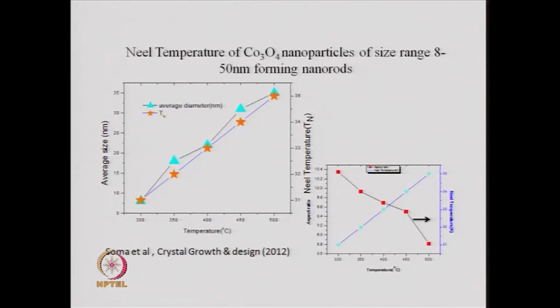So, these are very important, that means you can control the size of the particle and you can control the magnetization of the particle. So, that is the connect that you want. So, you have a handle on a material now, no more has a standard Néel temperature. Earlier if you look at a book, iron oxide has a Néel temperature of x, that is fixed, but now you cannot say that.